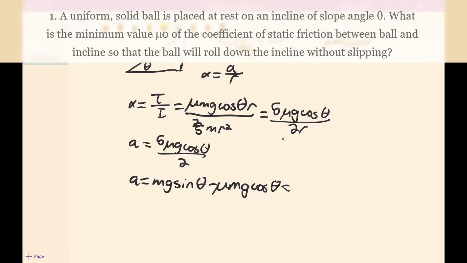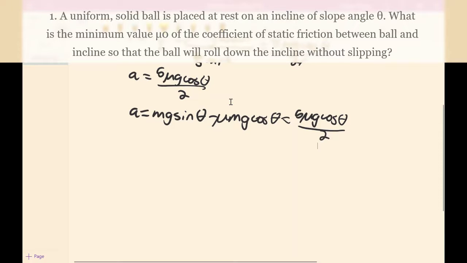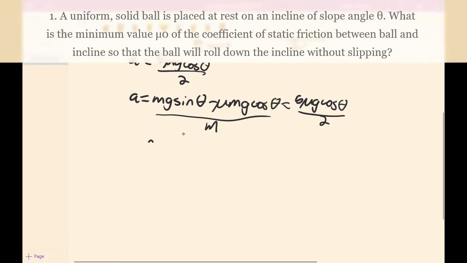Since this is equal to 5 mu g cosine theta over 2, this means that g sine theta is equal to 7 mu g cosine theta over 2.